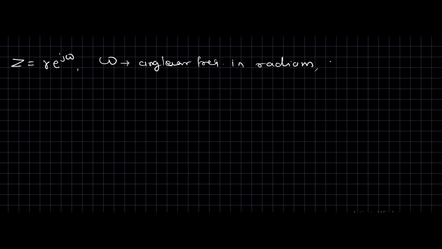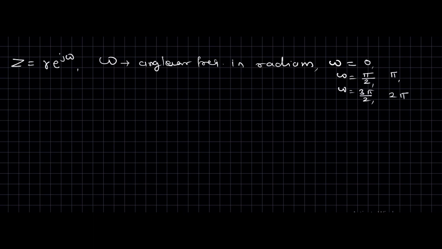So what is omega? Omega is angular frequency, in radians. Let us say omega is 0, omega is pi by 2, omega is pi, omega is 3 pi by 2, and omega is 2 pi.